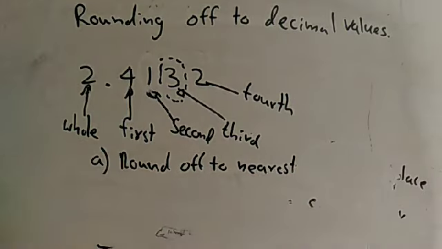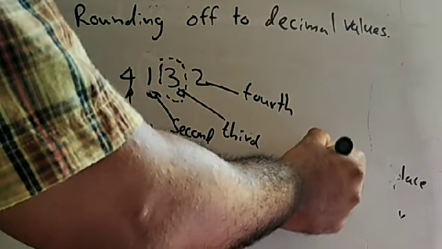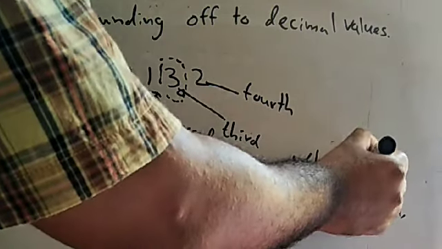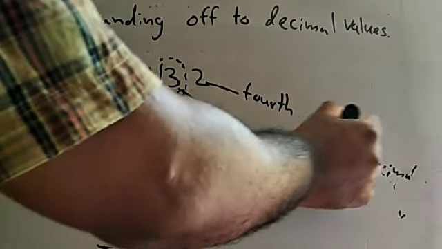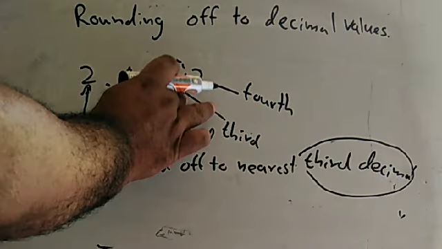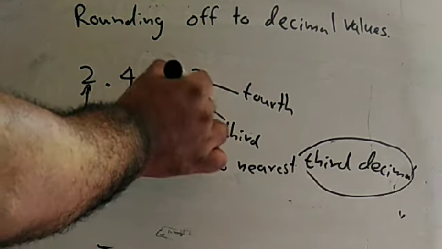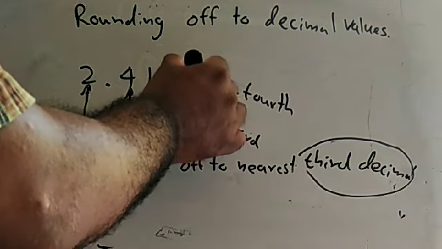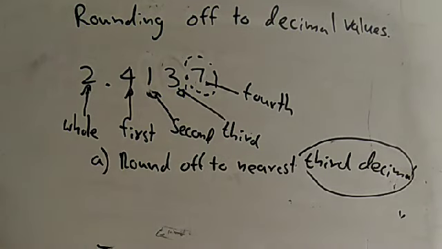Another one. Round off to the nearest third decimal value. The third decimal is 3. Now you should check the fourth decimal. Imagine the fourth decimal is 7.